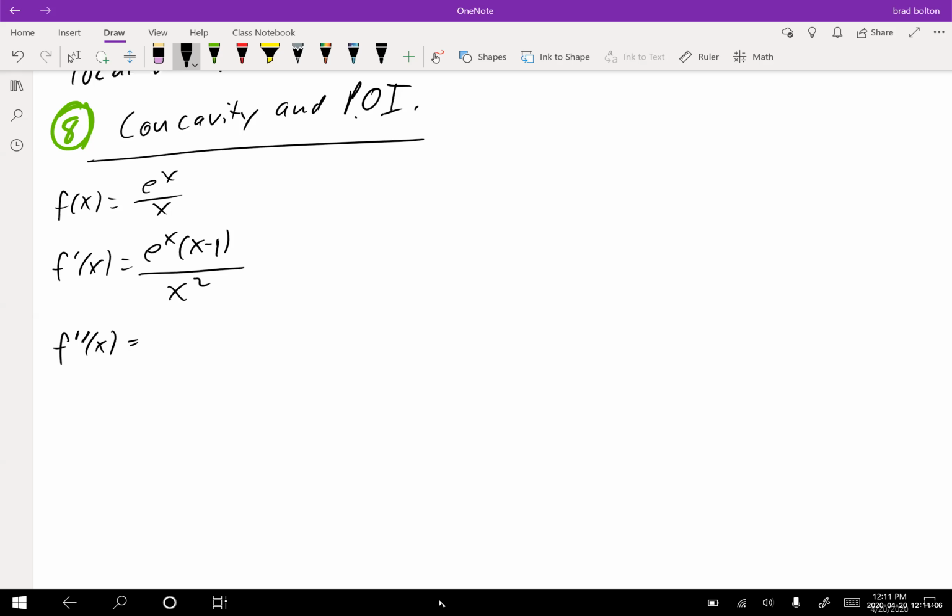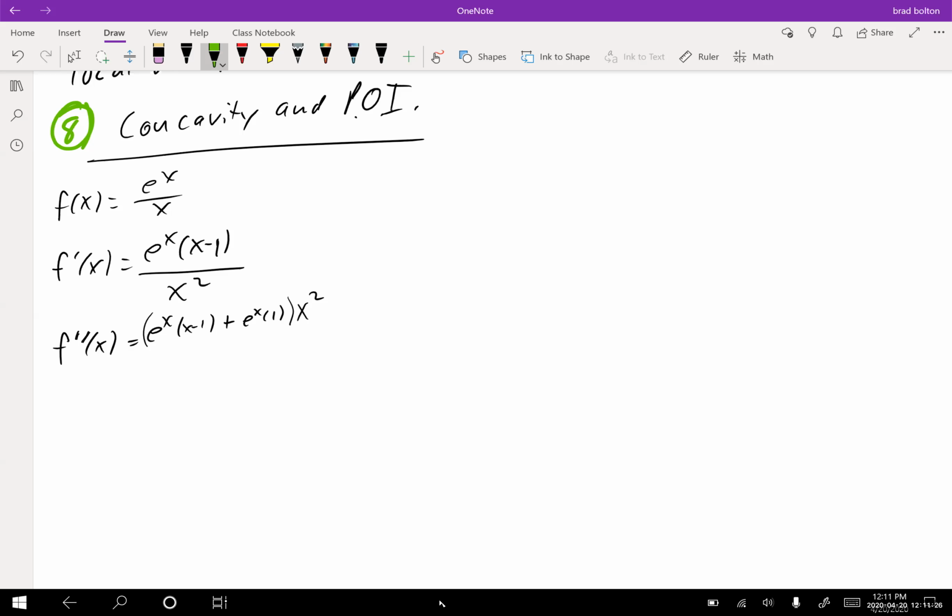So we're going to take the derivative of the numerator, which is e to the x times x minus 1, plus e to the x times the derivative of x minus 1, which is 1. And all of this is times the denominator. So that's the first part of the quotient rule.